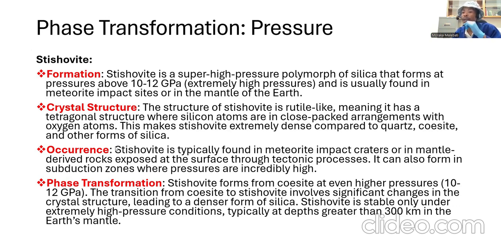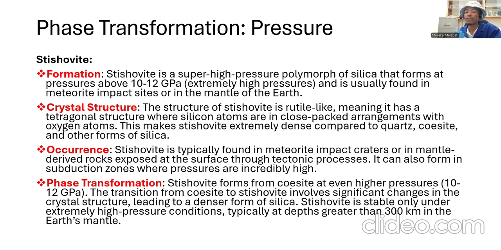And the more the pressure, the more you are forcing the atoms to be closely packed, closer to one another, okay? But when the temperature is playing a role, you are making these atoms go further away from each other. So that's why Stishovite is denser than coesite and quartz: the higher the pressure, the more you are forcing the atoms to be closer to one another.